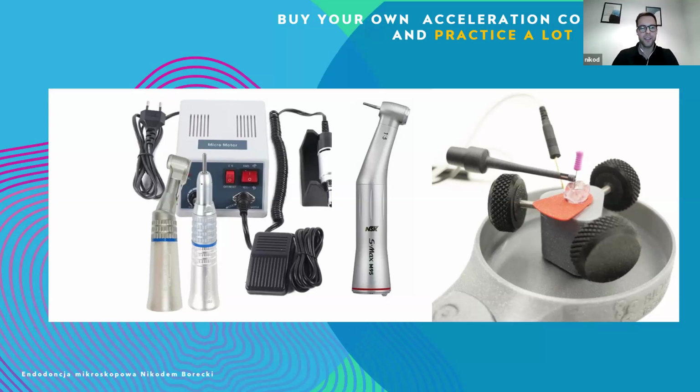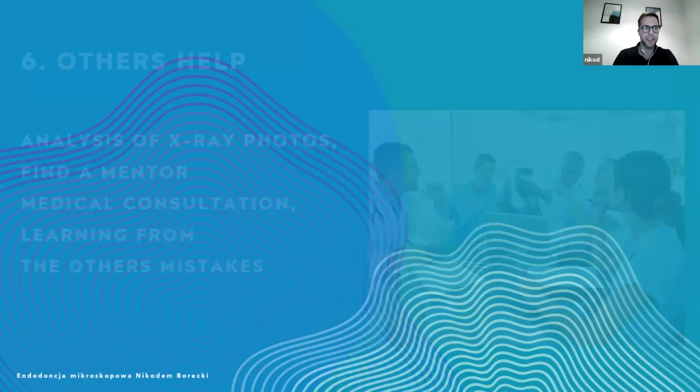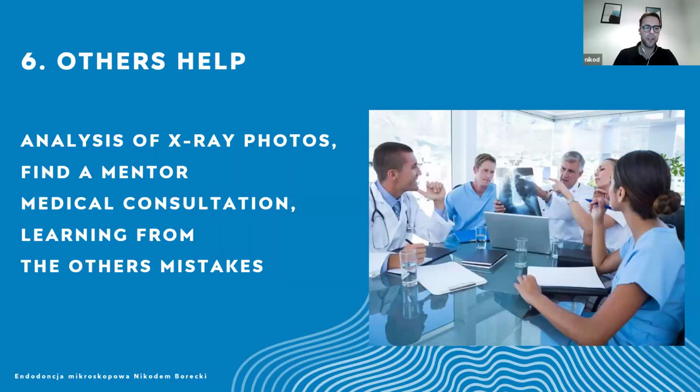The sixth advice is to find a good mentor. At the beginning of your dental work, find a good dental office where you can have a good endo mentor, an endodontist with big experience, who wants to teach you something.